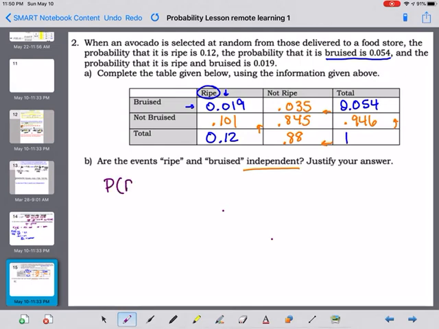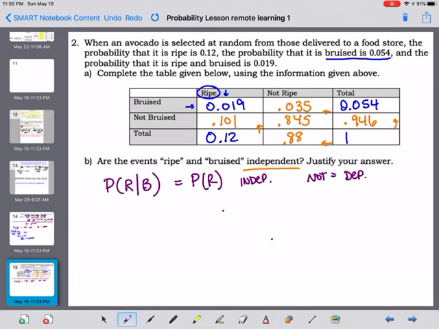So we want to first find what is the probability that an avocado is ripe given that it's bruised. We then also want to find what is just the probability that it's ripe. If these things are equal, then it's going to be independent. If they're not equal, then it's going to be dependent.